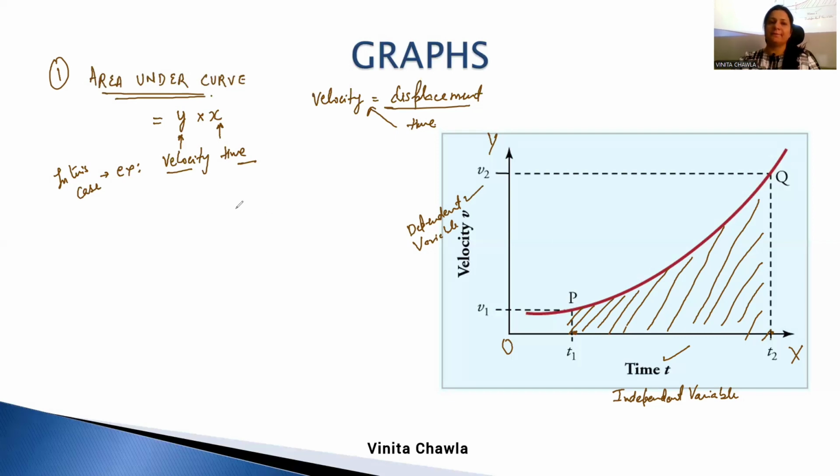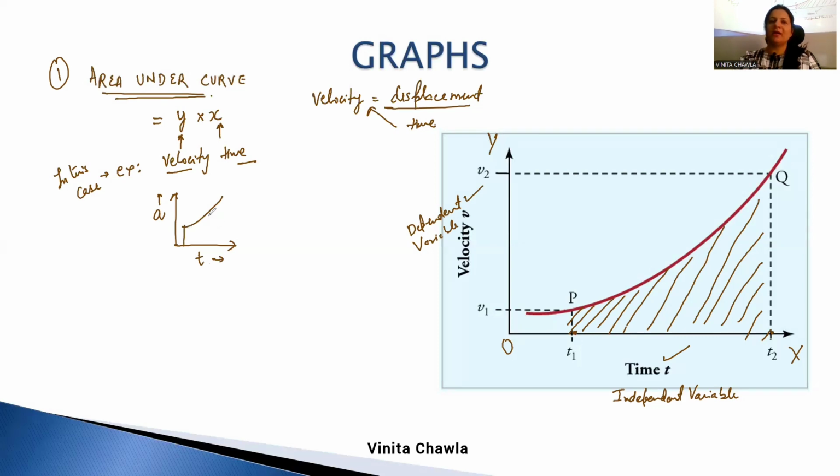Let's take, what other quantity can we take? Suppose we have, let's say we have an a-t graph. So here we have acceleration and here we have time. So this is the curve that we get.